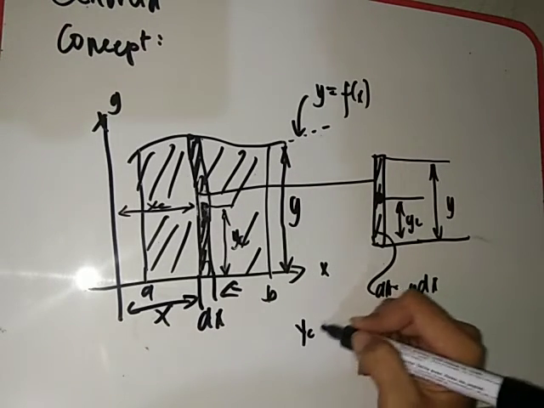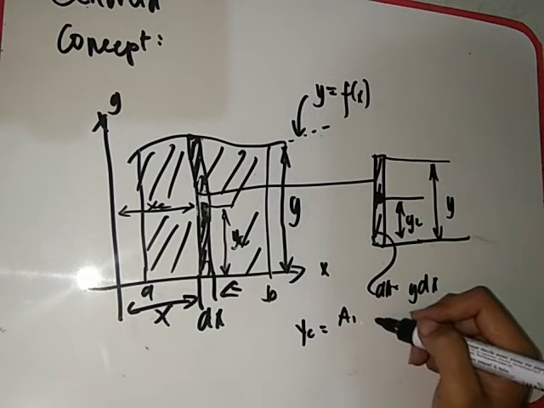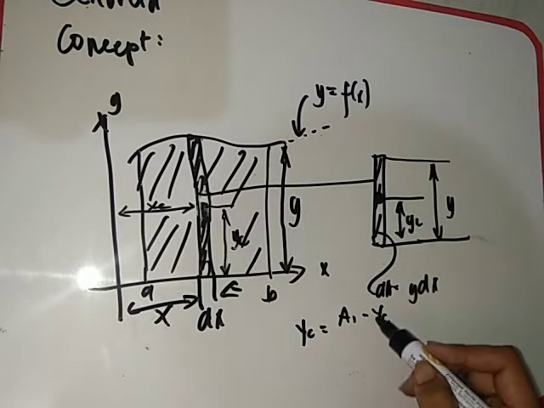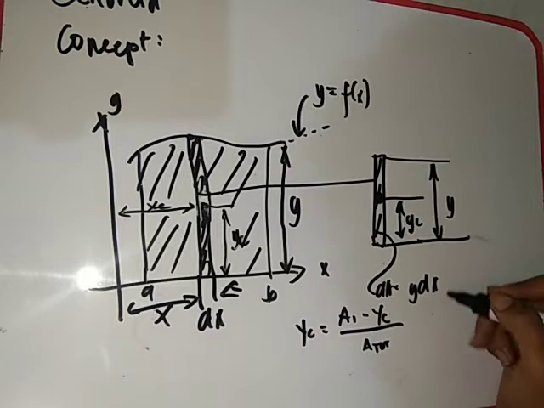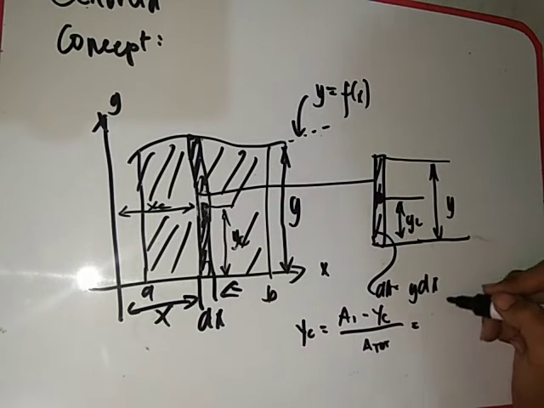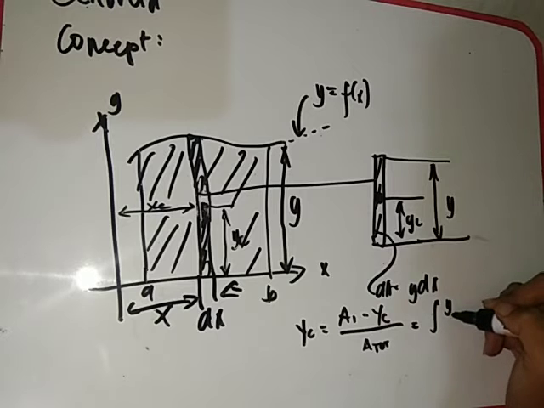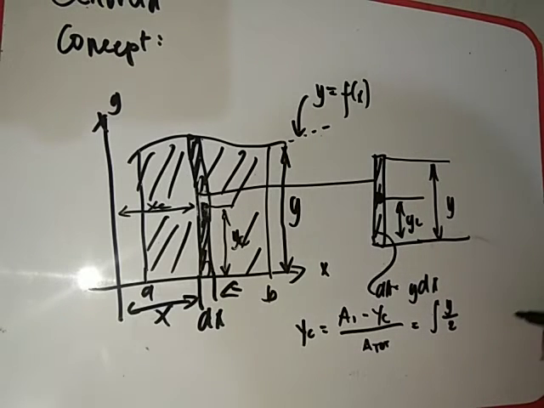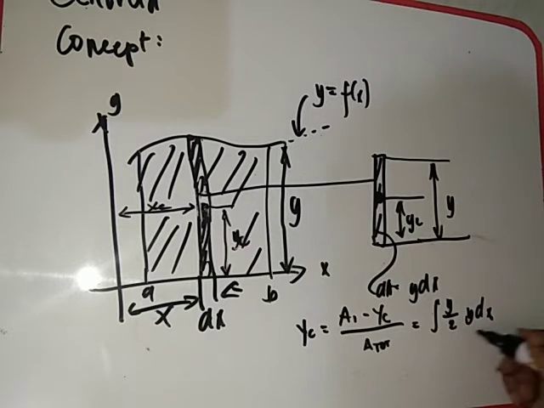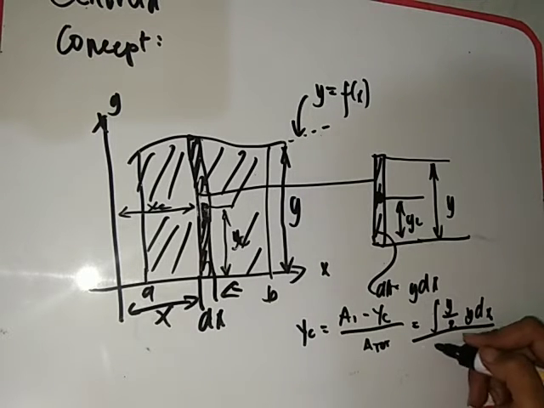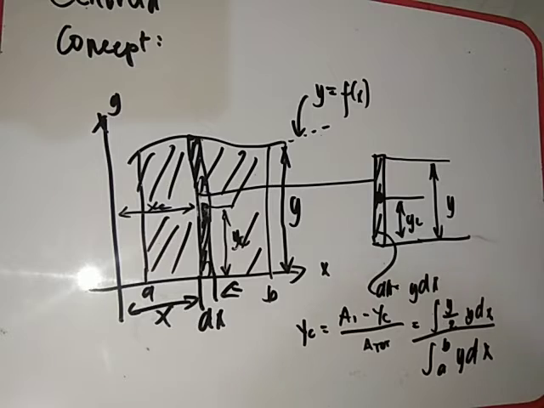So y bar is equal to the area times the YC over the area total. That is equal to the integration of half of y dx over integration of a to b y dx.